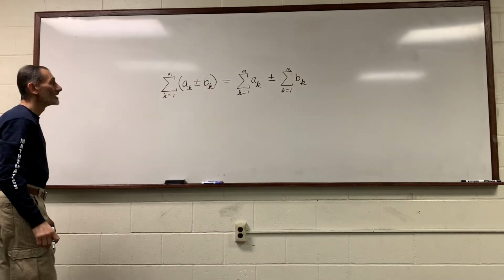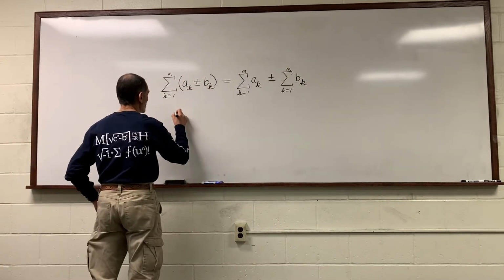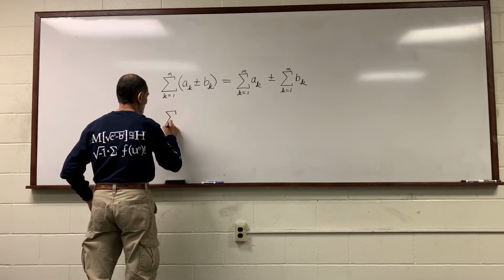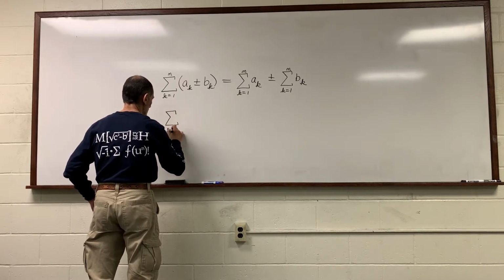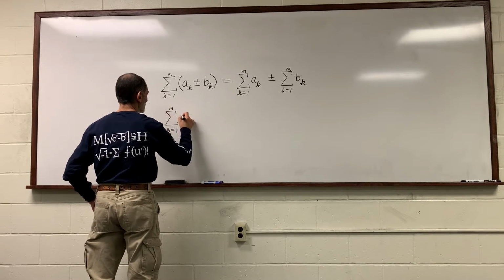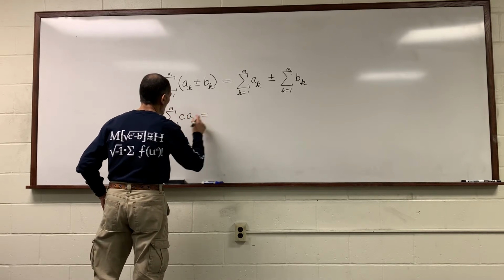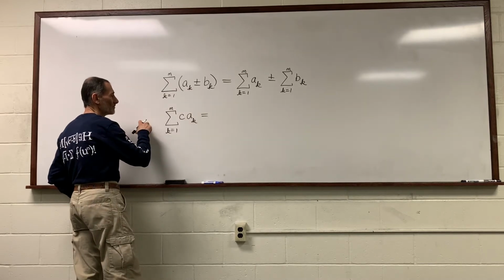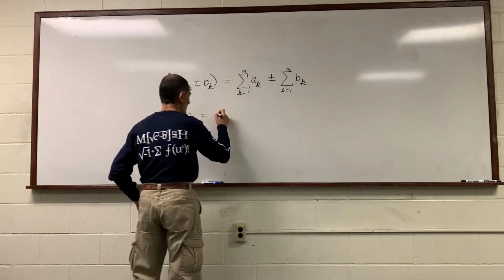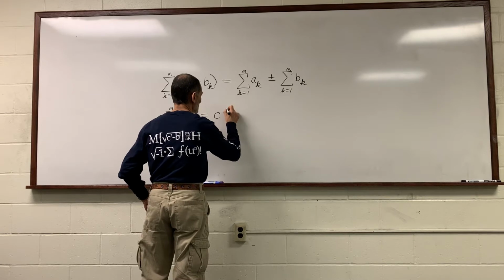First algebra rule. Second, constant multiple rule. A constant multiple can be taken out outside the sum.